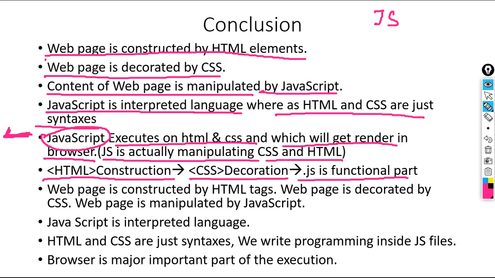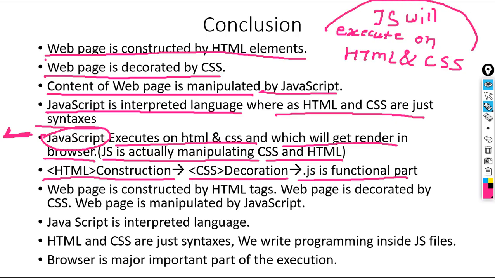JavaScript will execute on HTML and CSS. This simply means that JavaScript is manipulating HTML and CSS, and this will get rendered in the browser. And the final output will be displayed in the browser.